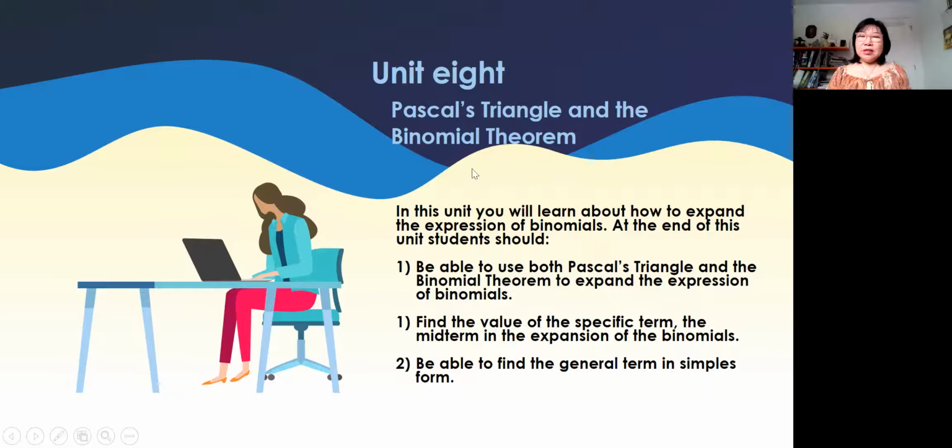In this unit, you will learn about how to expand the expressions of binomials. At the end of this unit, students should be able to use both Pascal's triangle and the binomial theorem to expand the expression of binomials.